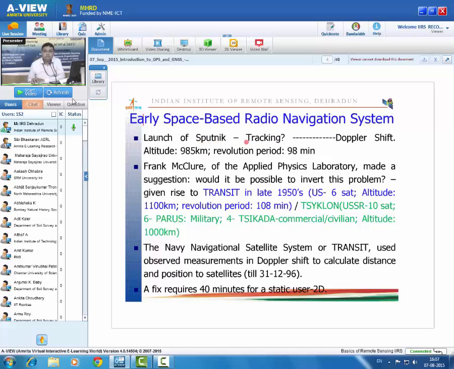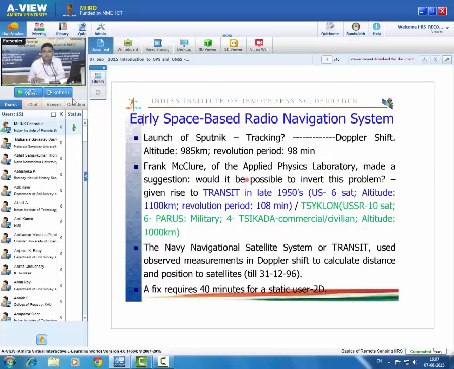Ground position is known, but the position of the satellite in space is not known. Inversion of the problem means: is it possible that we know the positions in space in the form of satellites and we can track the position on the ground?